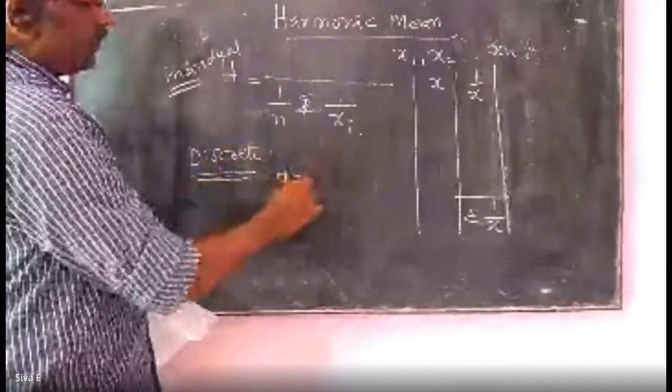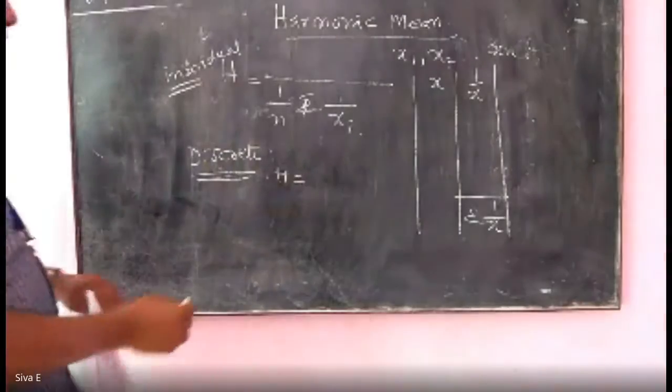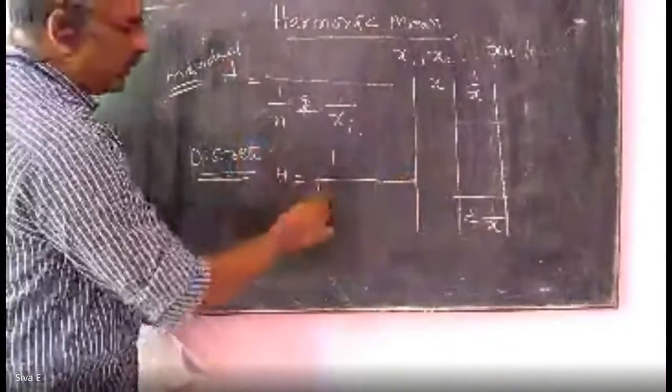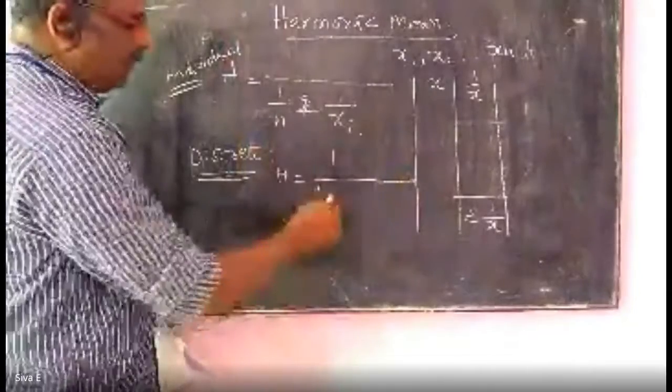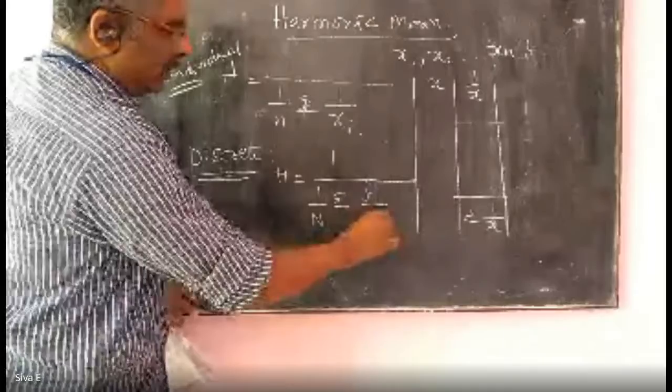For the discrete type data, H equal to 1 by, instead of a small n you write capital N, summation of fi by xi.